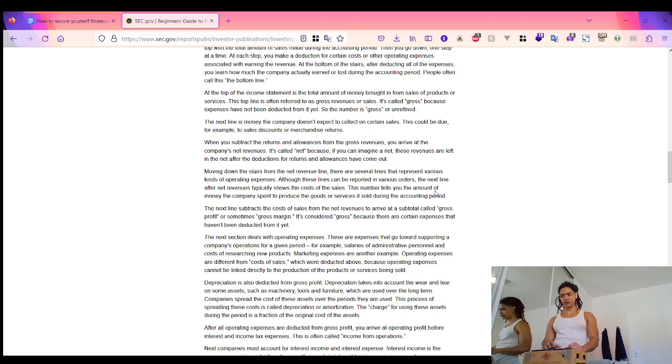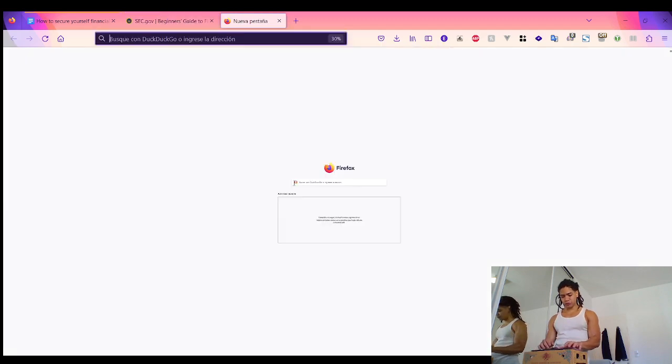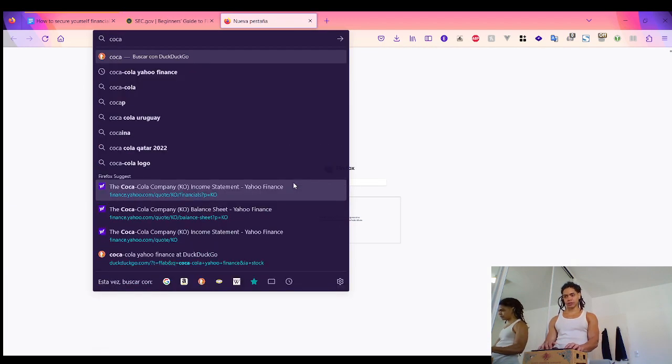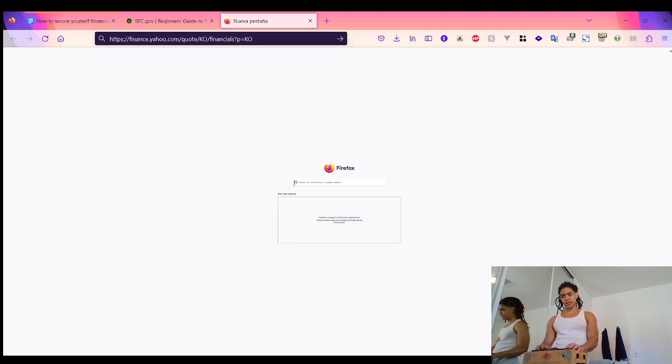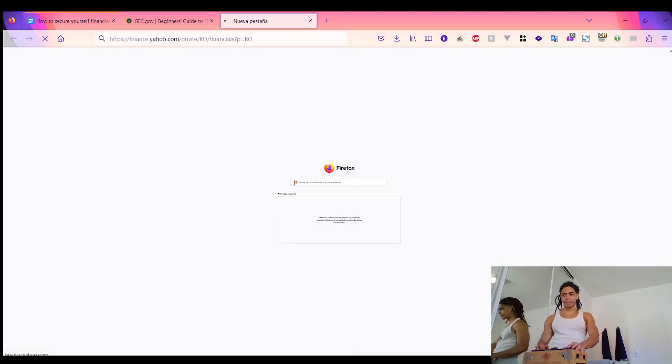These numbers tell you the amount of money a company has spent to produce the good or service it sold. For example, when you look at Coca-Cola here in their income statement.